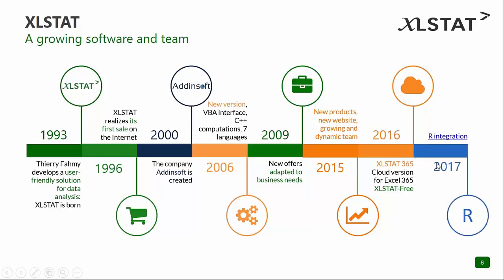And then in 2017, we just released the R integration. R is a statistical software that works in lines of code, and that is free. Today we have an interface in XLSTAT that allows you to use R within XLSTAT and within Excel. So don't hesitate to try it. It's already online, the current version online. Don't hesitate to try it and tell us what you think.